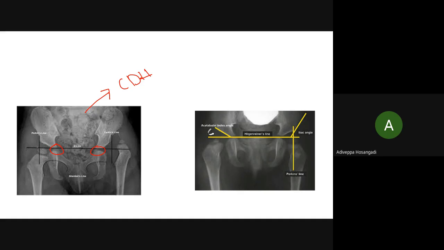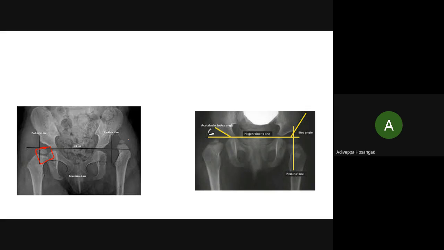So it makes 4 quadrants, isn't it? So look at this. In a normal hip, the femoral head is medial and inferior. This is medial, this is lateral, this is superior, this is inferior. So please remember, the normal head is in the medial and inferior quadrant.